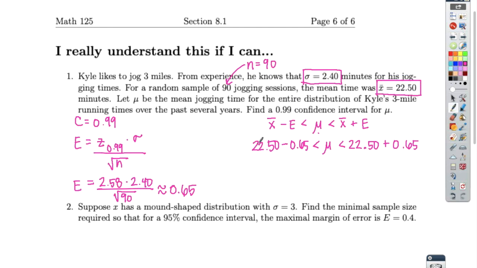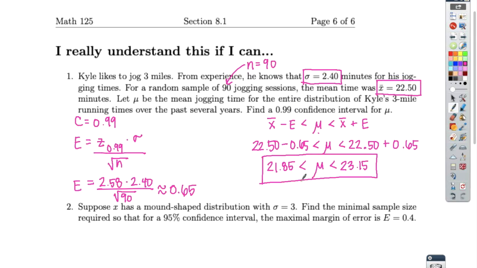And then I just need to simplify the left and the right side. So one more time, mu stays mu. Do not plug in anything for mu. Mu stays mu. So when I subtract 22.50 minus 0.65, I get 21.85. Mu stays mu. And when I add these two, 22.50 plus 0.65, I get 23.15. There's my 99% confidence interval.